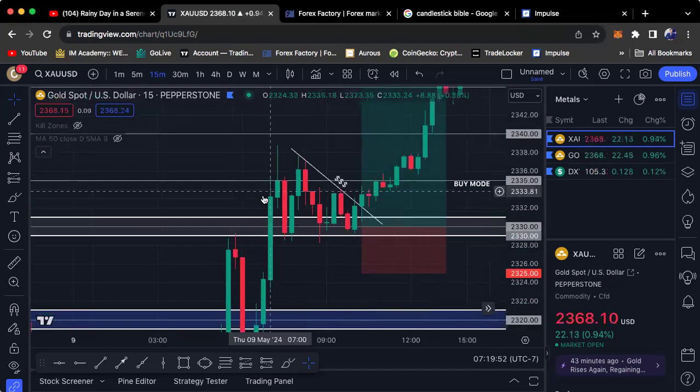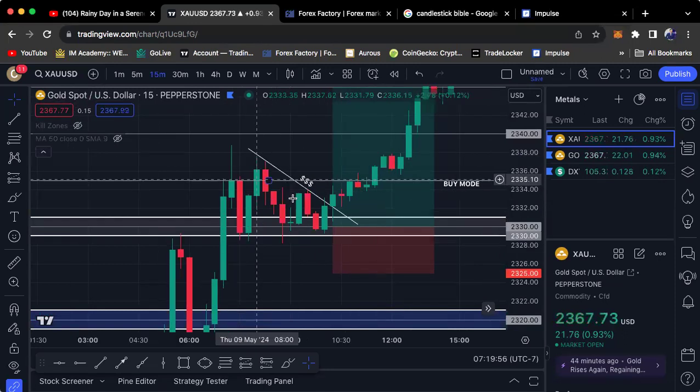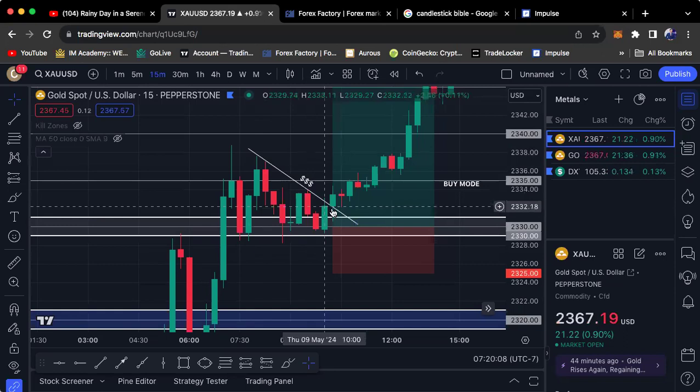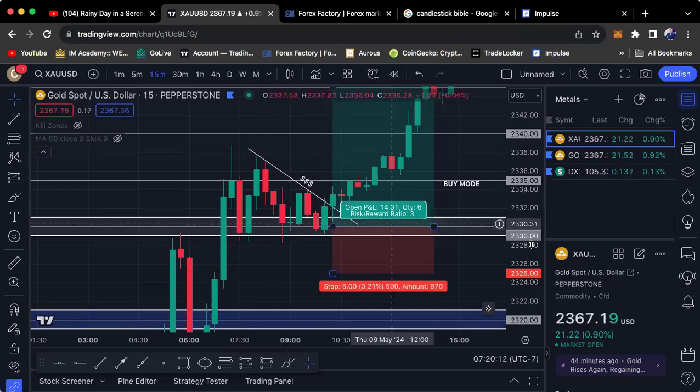Price broke above, and then it was consolidating, building up liquidity here. And I drew my counter trend line because I wanted to see if price is going to break above my counter trend. And it did.